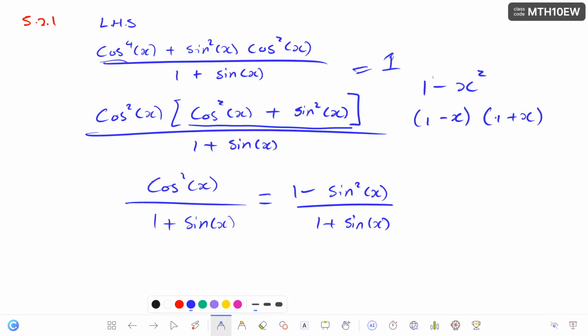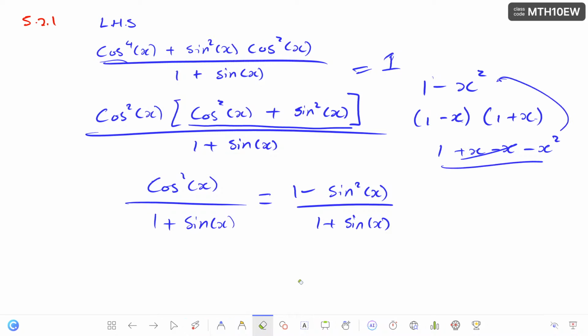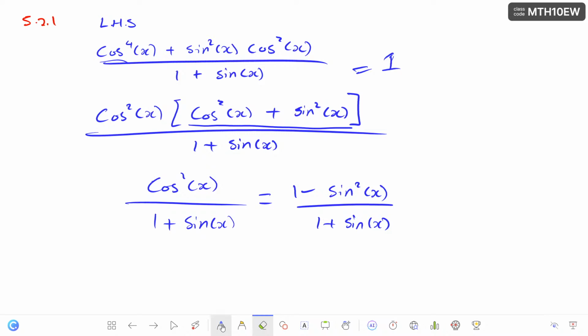Because if you multiply this and this, it's going to be 1, this and this is going to be positive x, this and this is going to be negative x, and this is going to be negative x squared. So these cancel each other, going back to here. So here we're going to apply that rule.